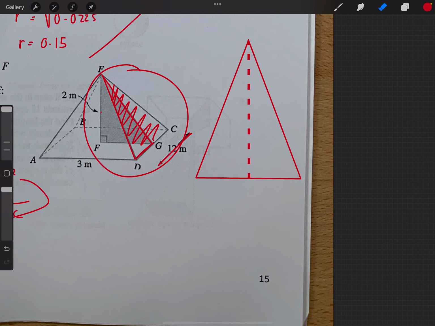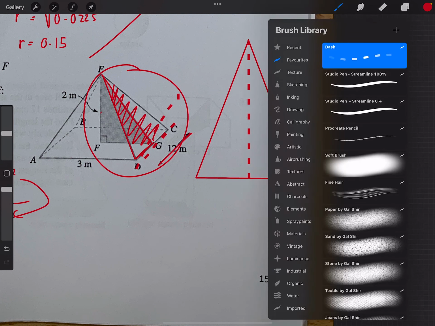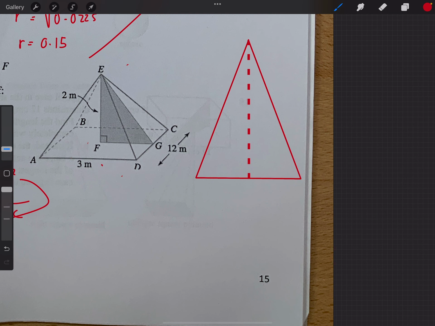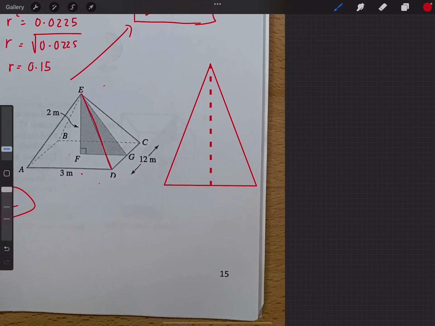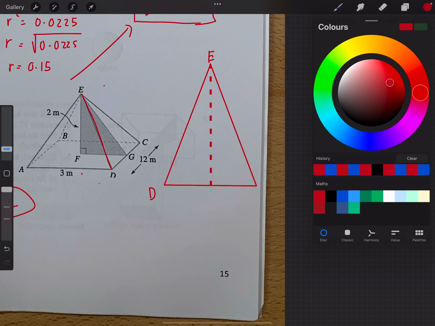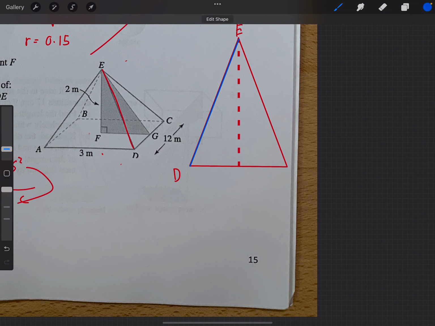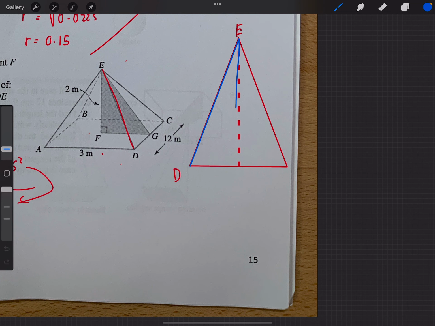Alright, so you have that triangle there. So we're looking for this length here, DE. This is D, this is E. So looking for that length, which is the blue length here. Now to find DE, we know that we have a right angle triangle here.